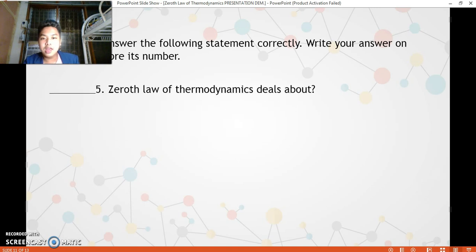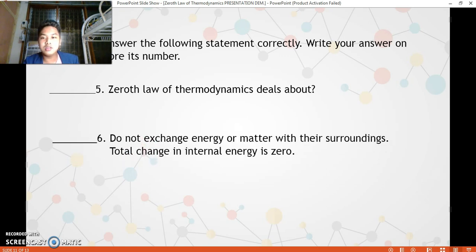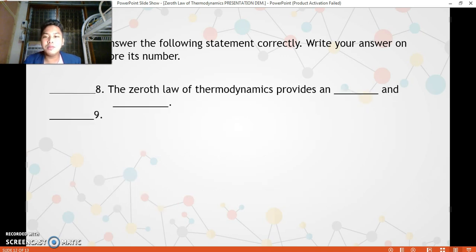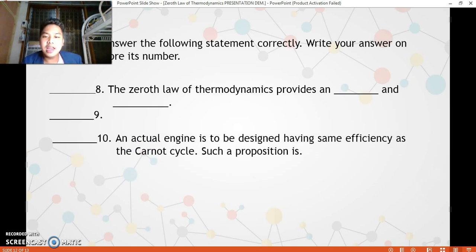Number 5. Zeroth law of thermodynamics deals about. Number 6. Do not exchange energy or matter with their surroundings; the total change in internal energy is 0. Number 7. The transfer of thermal energy from a hotter object with a higher temperature to a colder object with a lower temperature. Numbers 8 and 9. The zeroth law of thermodynamics provides an blank and blank. Number 10. An actual engine is to be designed having same efficiency as the Carnot cycle. Such a proposition is. Time's up.